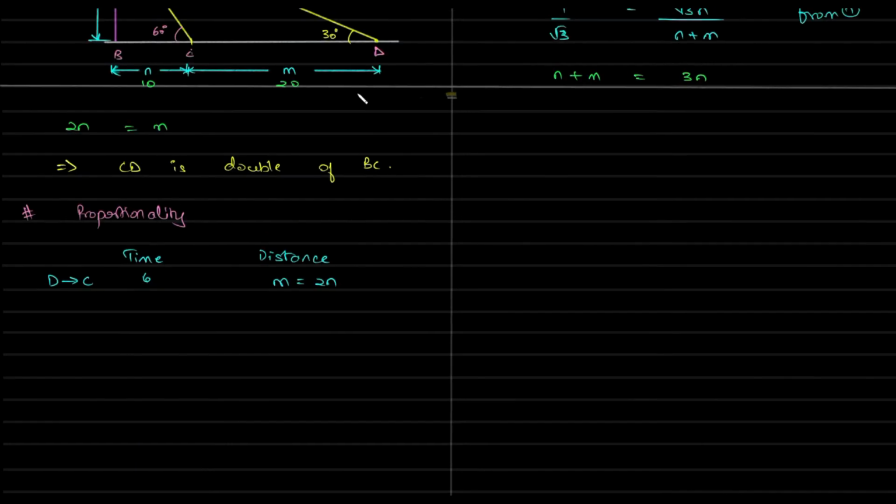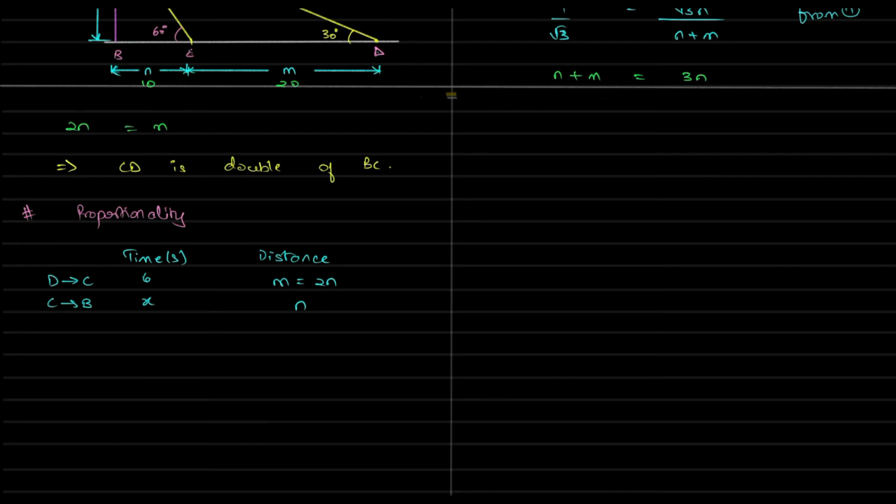Again, I'll explain. When we move from D to C, the time we took is 6 seconds, and the distance happens to be m, which is nothing but 2 times n. When we move from C to B, we don't know how much time we are taking, but the distance is n. So both these distances are in terms of n. So now we can solve it.